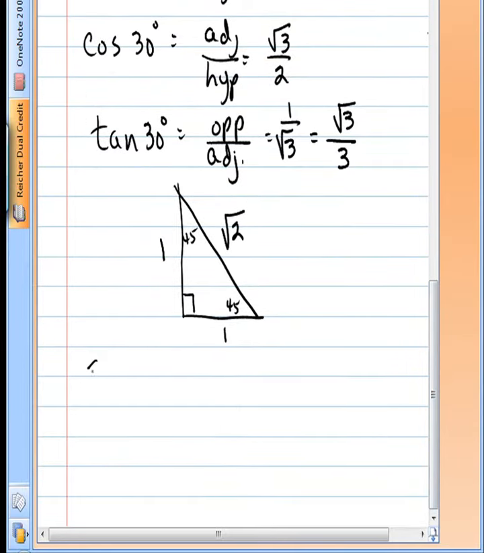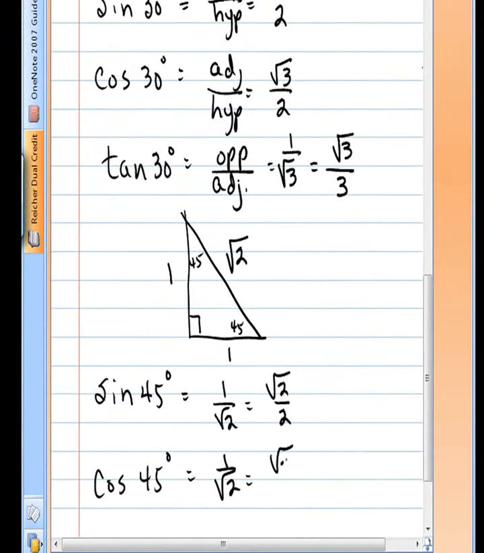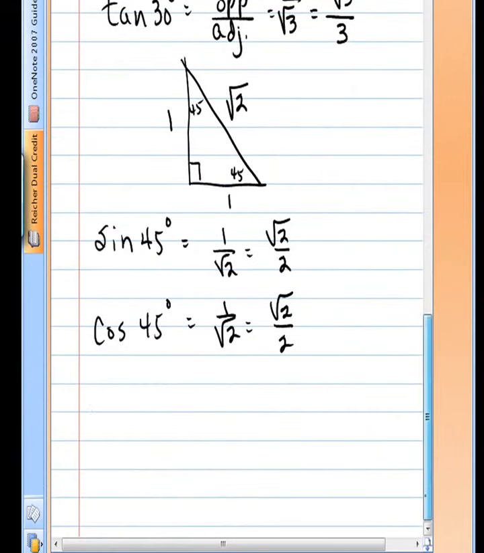When you have that, then we can do sine of 45 is equal to 1 over the square root of 2, which is square root of 2 over 2. Cosine of 45 is the same thing, and so we have that. And tan of 45 is equal to 1 over 1, which is 1.